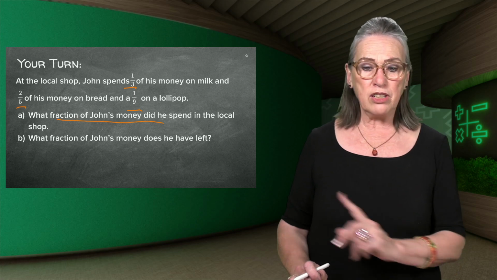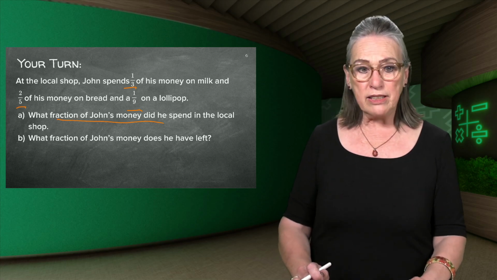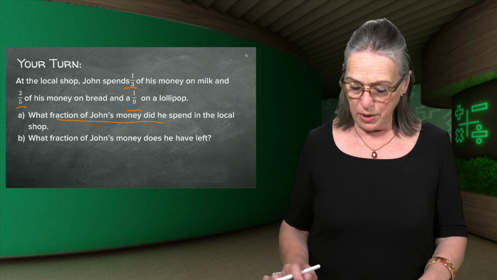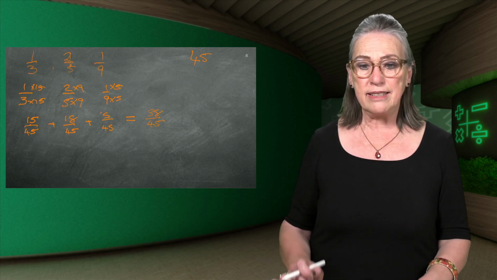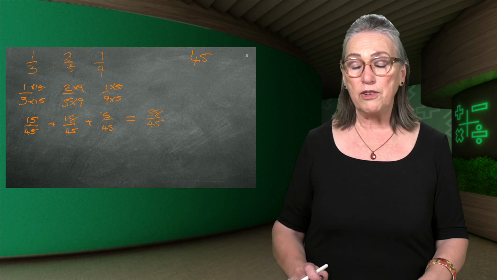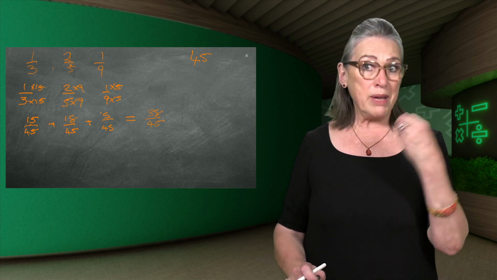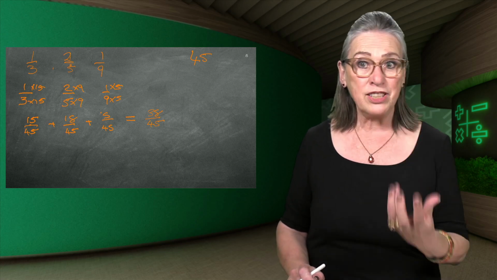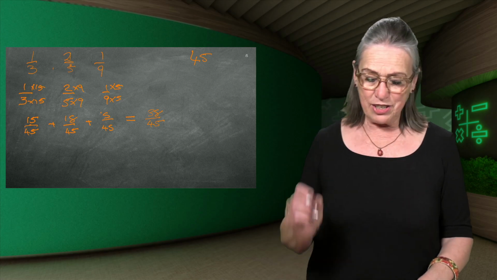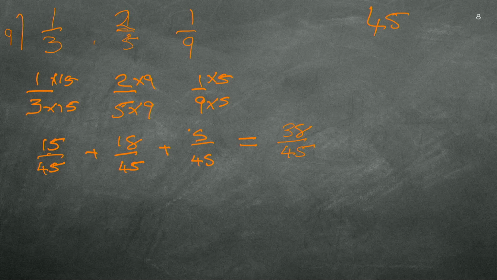Okay, so we now know the first part of our answer. What fraction of John's money did he spend in the local shop? We know the answer now is 38/45. But remember, they ask us, what fraction has he got left? So this was A. For B, we have to subtract 38/45 from 1, that is the whole.